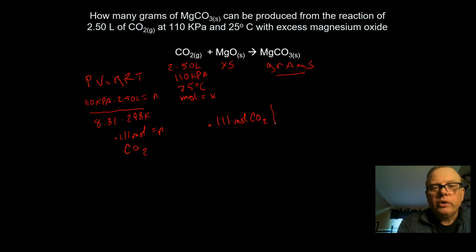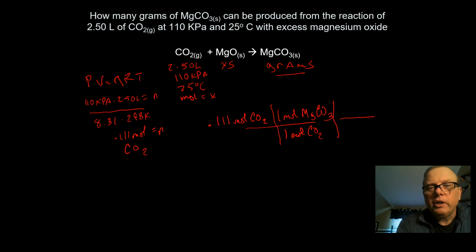Now we're going to solve for moles of magnesium carbonate: 1 mole of magnesium carbonate for every 1 mole of CO2 that's put in. And then to get to grams of it, because magnesium carbonate is a solid, we'll use 84.3 grams of magnesium carbonate for every 1 mole of magnesium carbonate.